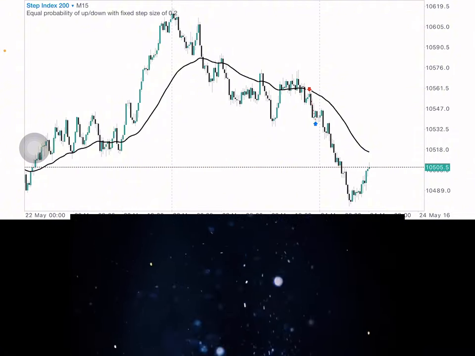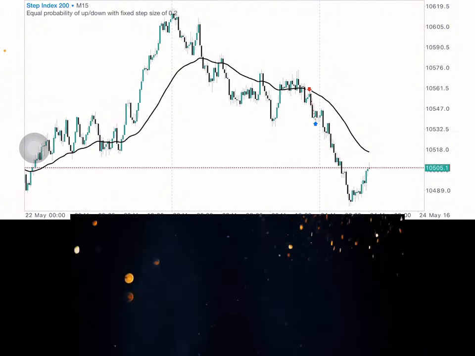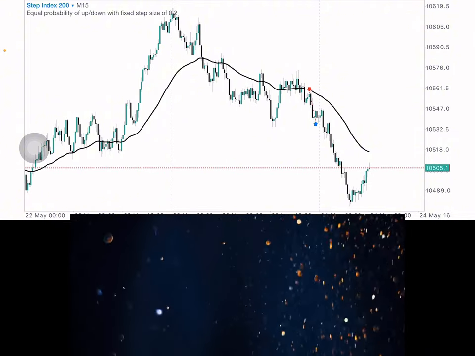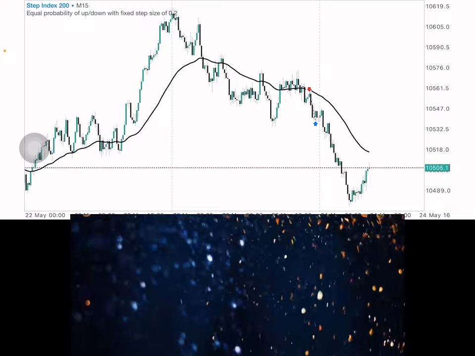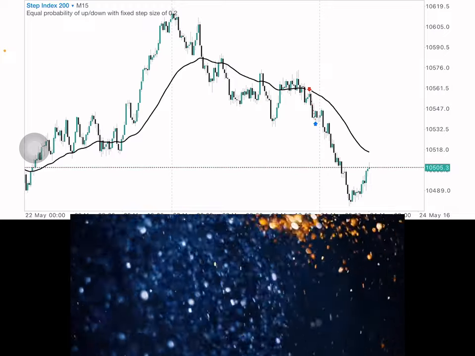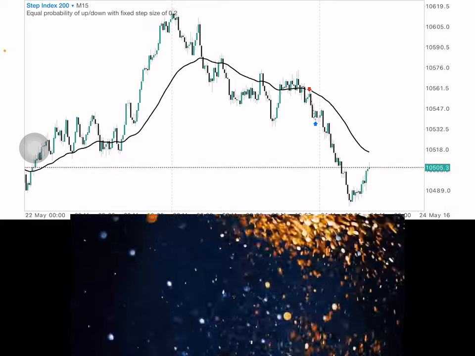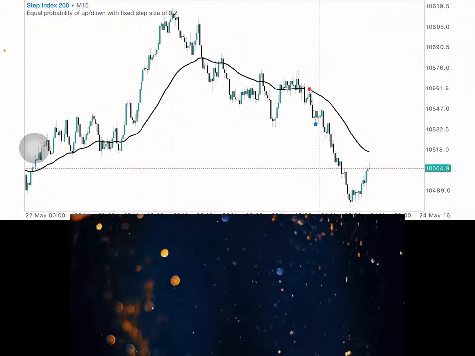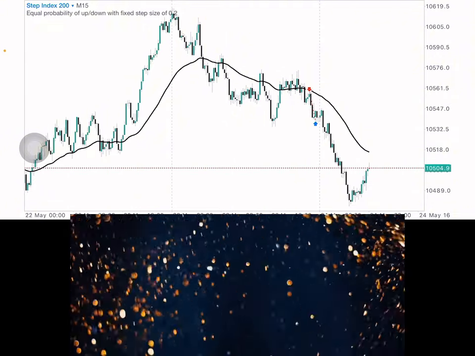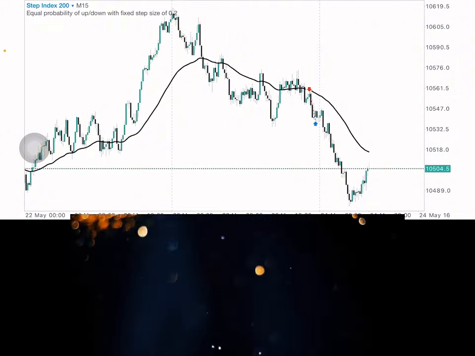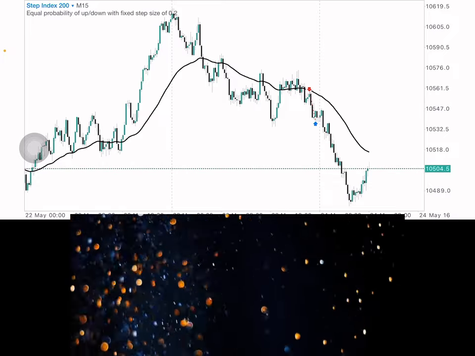If you are in another country, outside Nigeria, you can check your time zone and compare it with Nigeria and know the time that it is in your country when you have your 2 a.m. But say Nigeria, 2 a.m., make sure you are on your charts if you want to use this strategy.